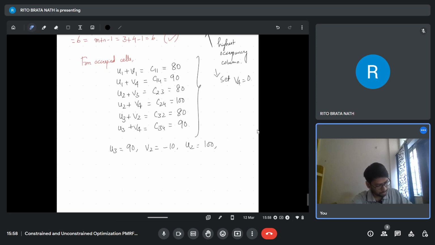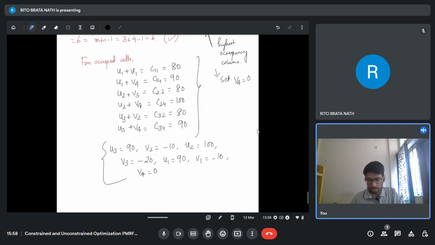Then that gives you V3 equals minus 20. Then it gives you U1 equals 90. That gives you V1 equals minus 10. And you already have V4 equals 0, right? So those are the 7 values that you have got, and this is one solution, making V4 equals 0.